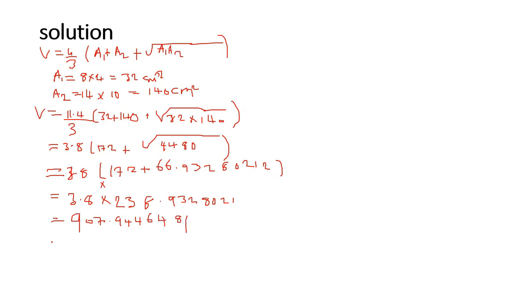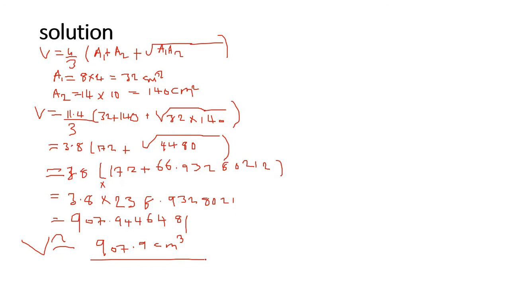Then we can round off and say therefore our volume of the frustum is equal to 907.9 centimeter cubic, and we have found our volume.